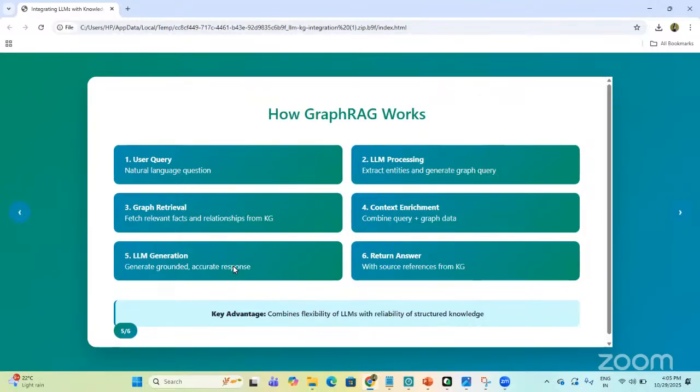Fifth is LLM generation, where the LLM generates a response grounded in these facts. Finally, it returns the answer with the sources. This approach combines the flexibility of language models with the precision and reliability of structured knowledge. This is how graph RAG works.